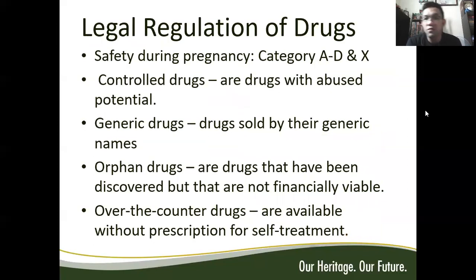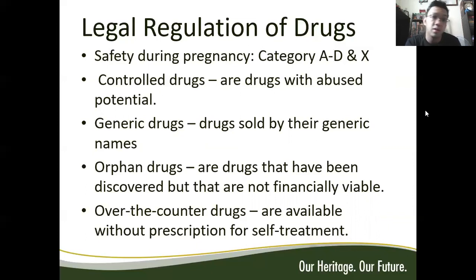Legal regulation of drugs are the following: safety during pregnancy. We have category A to D, which I'll discuss later on, and X as well. Controlled drugs. These are drugs that can have a high abuse potential.